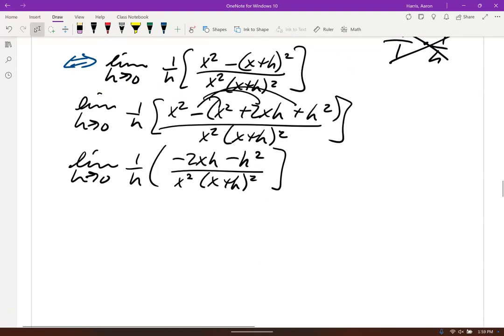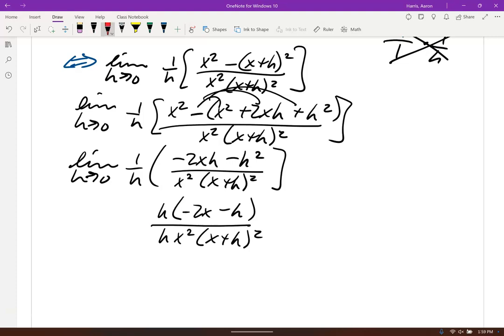I'm going to take an h out of each of these terms on the top: negative 2x minus h. Bottom has an h, and then the x squared, then the x plus h squared. We want that to happen there. And now we can plug in h being 0, and we'll have no problems.